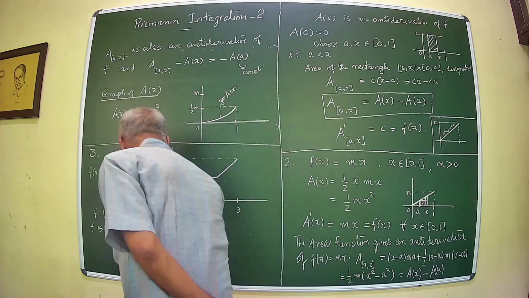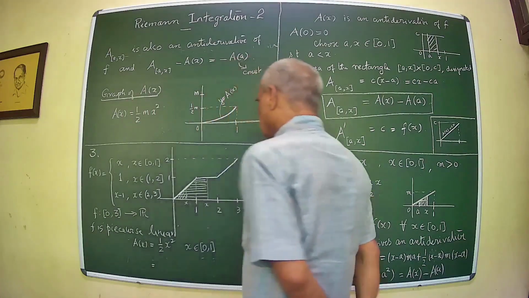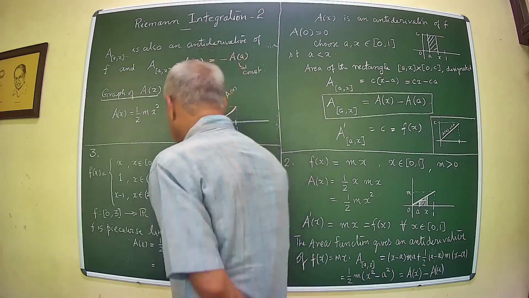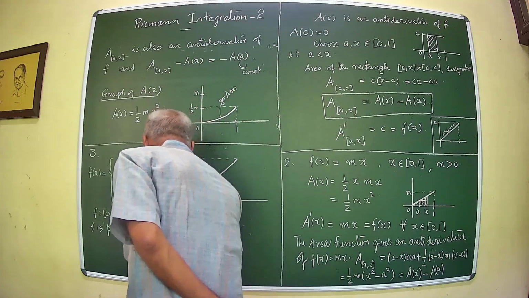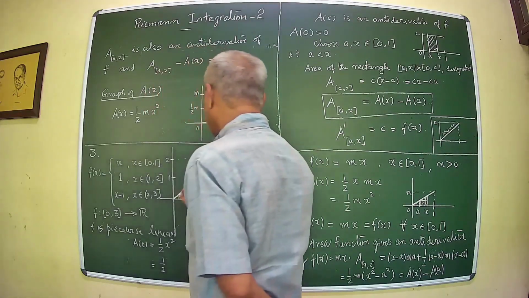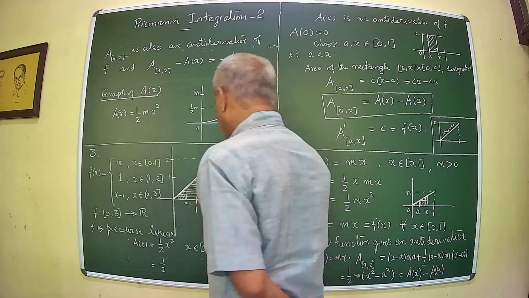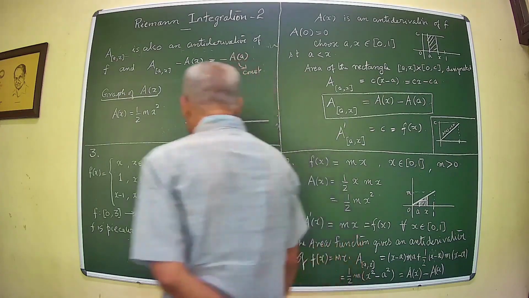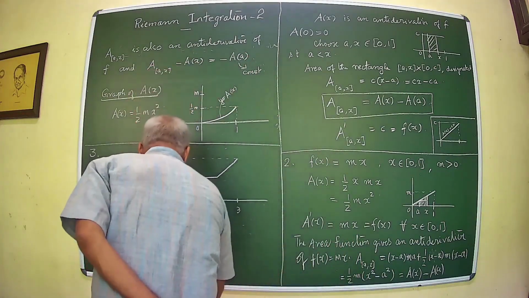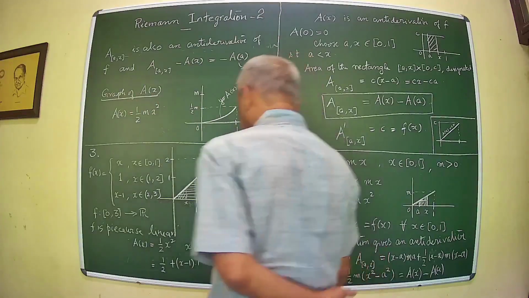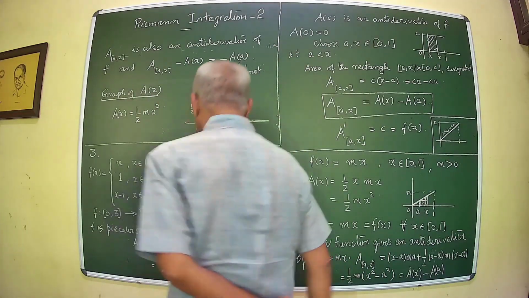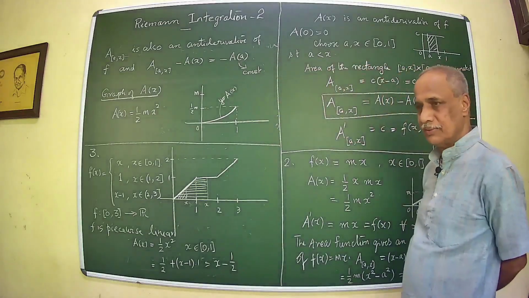Therefore, what is the area of this? The area of this triangle is 1 by 2. And the area of this rectangle is x minus 1 into 1. So this is equal to, now you know how to compute it.